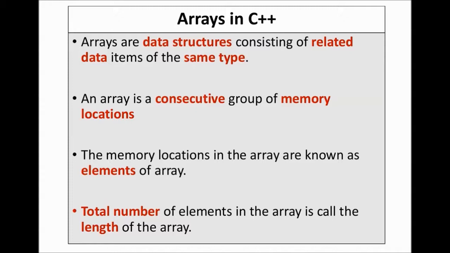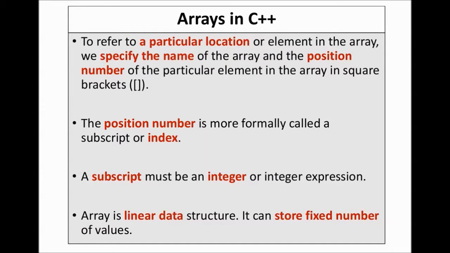The memory locations in the array are known as elements of the array. The total number of elements in the array is called the length of the array. In an array, to refer to a particular location or element in the array, we specify the name of the array and the position number of the particular element in the array in square brackets.